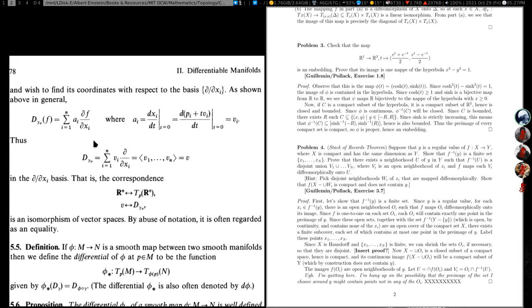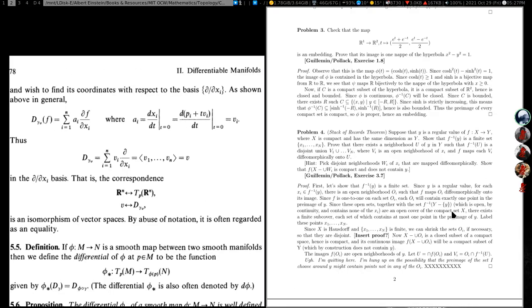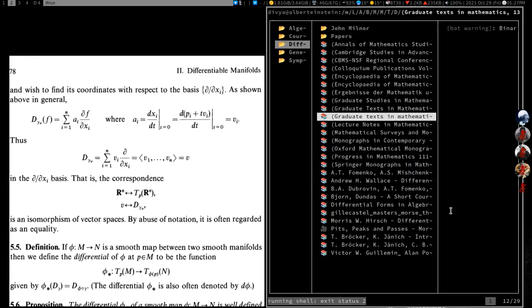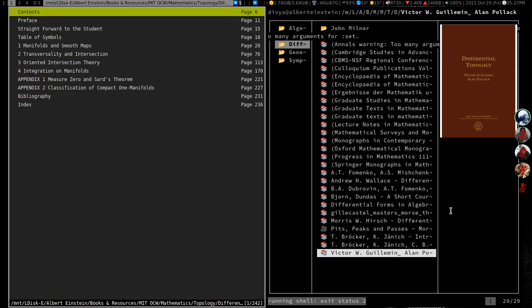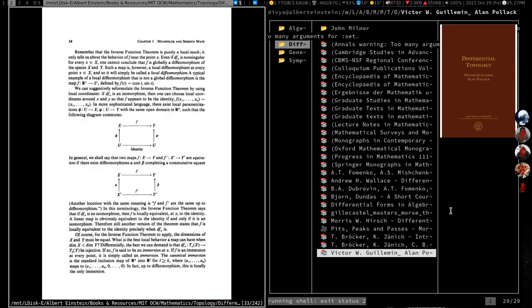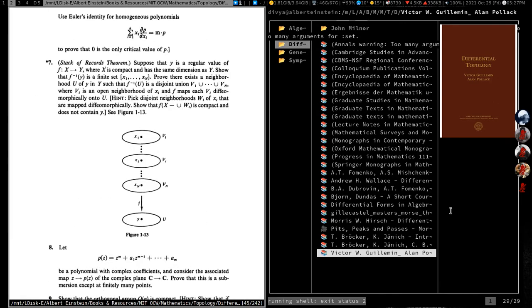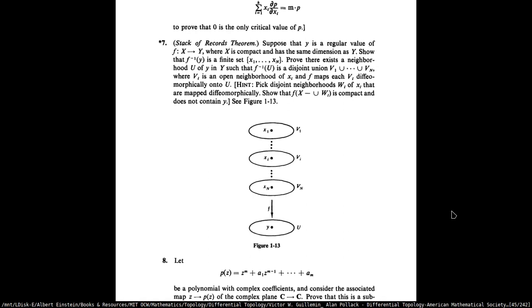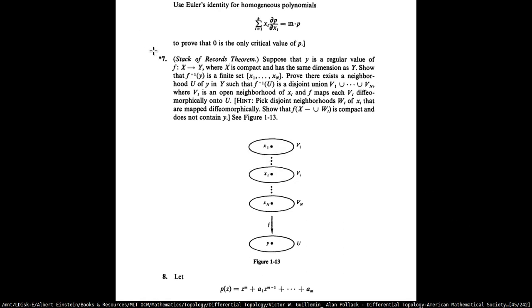But we'll see problem 4 now. Problem 4 is this problem. I think Oleg has a picture, so that can be helpful. Yep, so this is the problem. Post it in the chat.